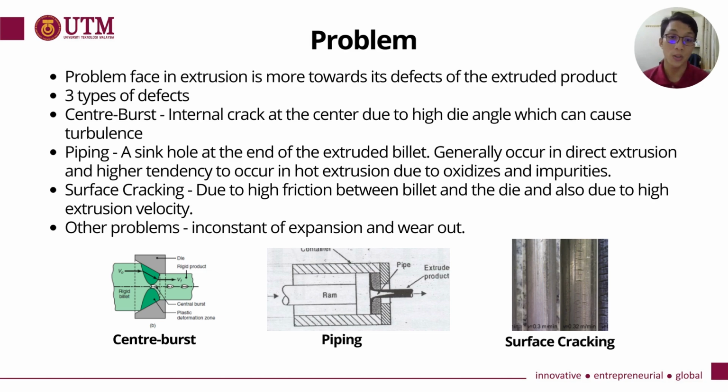As we can see in the diagrams below, researchers studied the effect of velocity on the extruded product. As you can see, the higher the velocity, the worse the surface cracking will be.